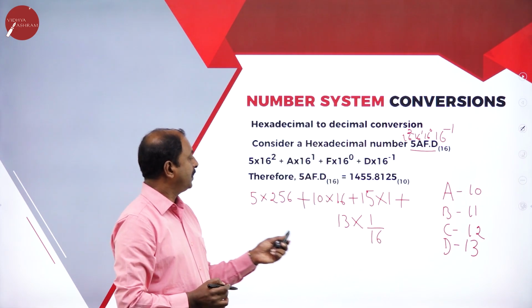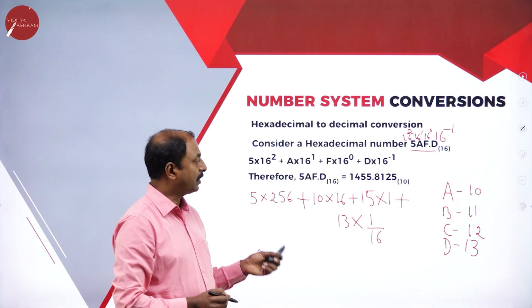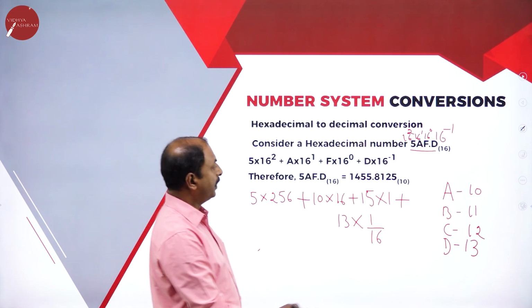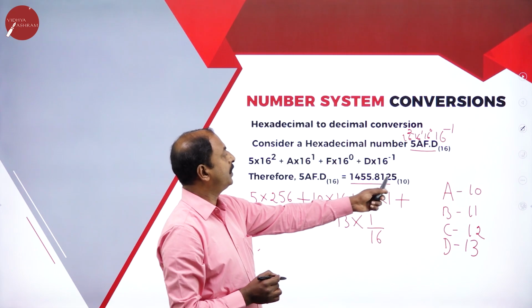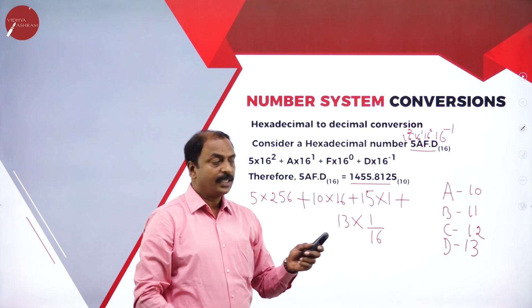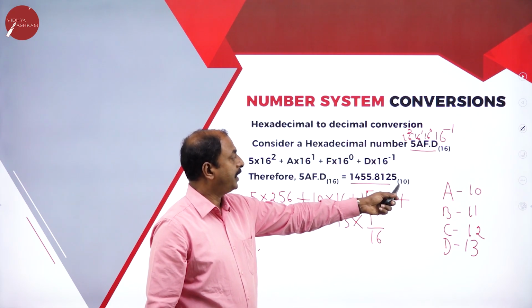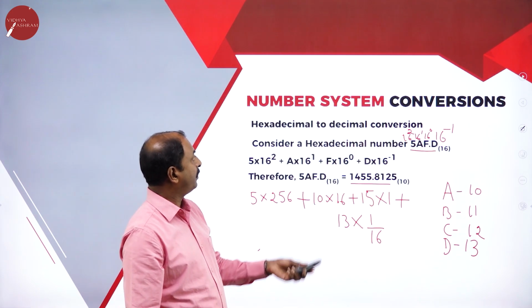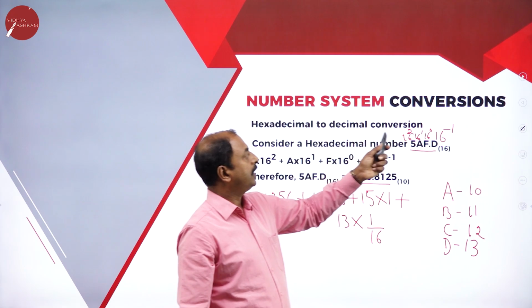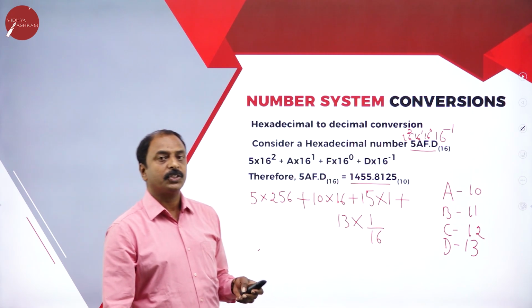When you simplify and sum up all these values, we get the answer 1455.8125 in the decimal number system. So this is the conversion from hexadecimal to decimal number.